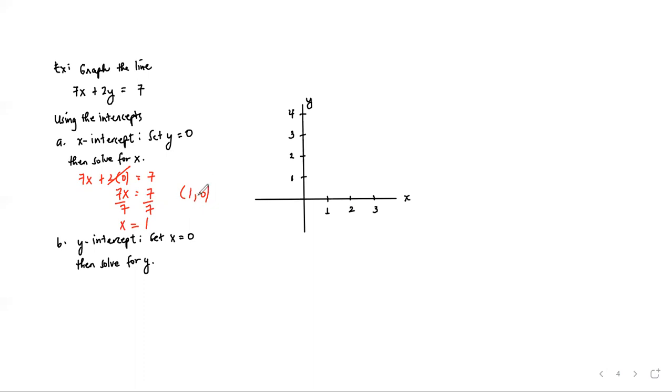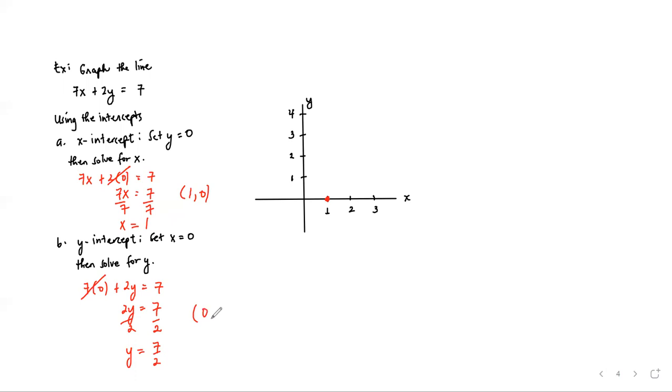So plotting this (1, 0), it is located at this position. Now for the y-intercept, we set x to be 0 and then we solve for y. So here we have 7 times 0 plus 2 times y equals 7. Since 7 times 0 is 0, we get 2y equals 7. And then we divide both sides by 2. So we get y equals 7 over 2 or 3.5.